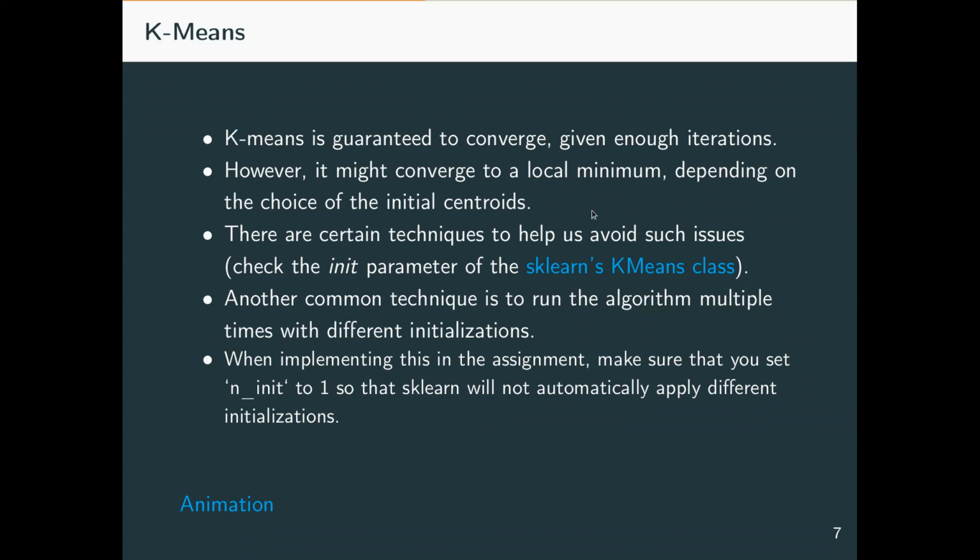However, it might converge to a local minimum. So it is not always guaranteed to find the best possible centroids. And there are certain techniques to help us avoid such cases. A common one is to try out different starting centroids, because as you saw in the animation, the starting centroids are usually initialized in a random way.